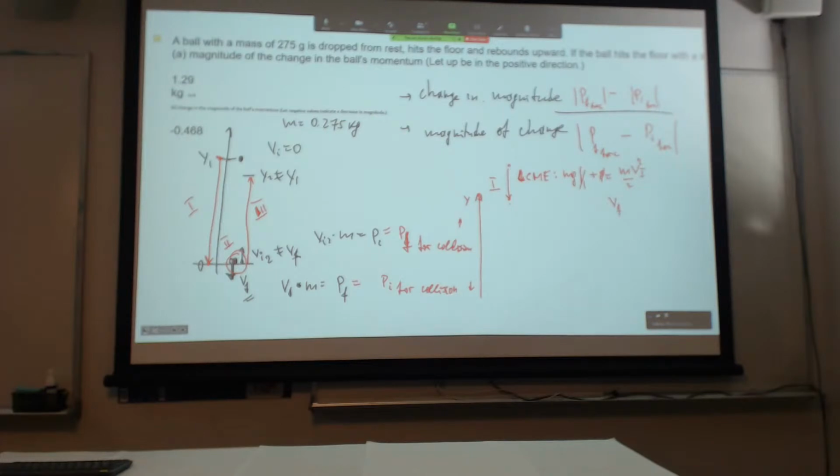But the final speed for the process number 1, as we know, is initial speed for the process number 2. So the initial momentum for the process number 2 collision will be equal to mass times this speed, well, times -1, because it points down.